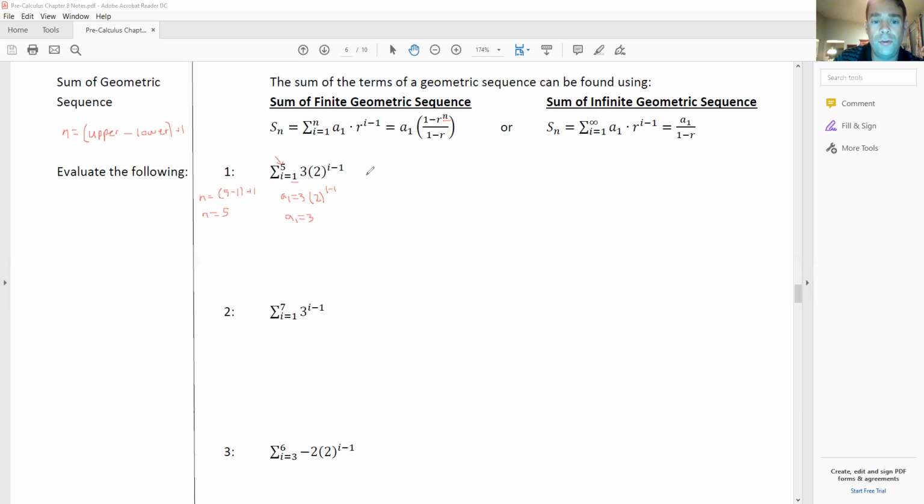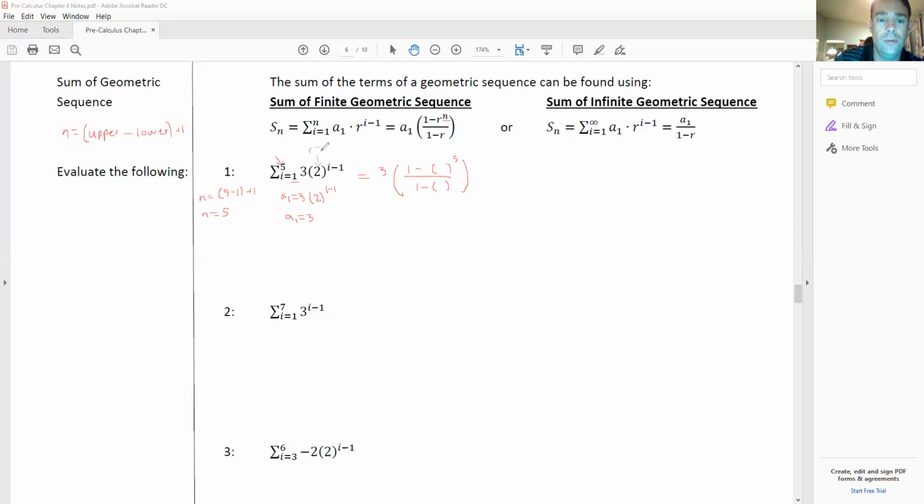So we're going to now use our formula. So a sub 1, so 3 times 1 minus, oh, got to come back, put the r in here in a second, 5 all over 1 minus r. So now we got to go back and see what r is. And r is always whatever number is in parentheses with the exponent.